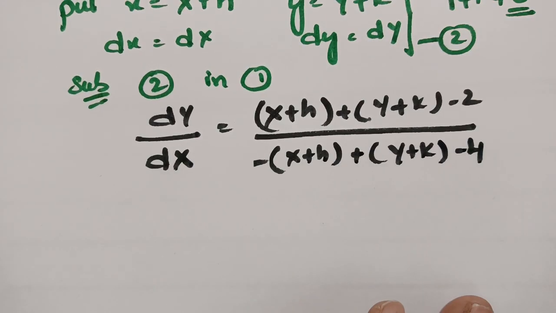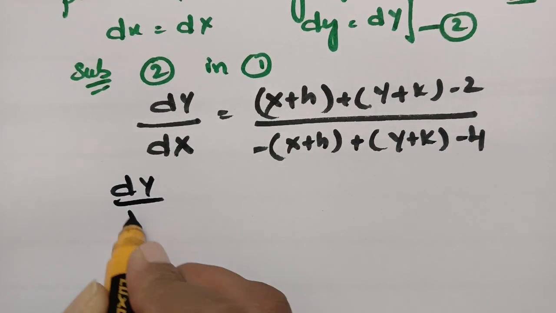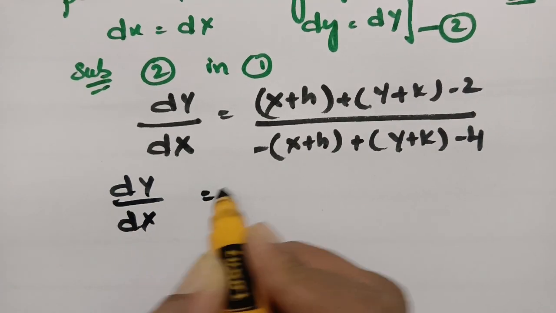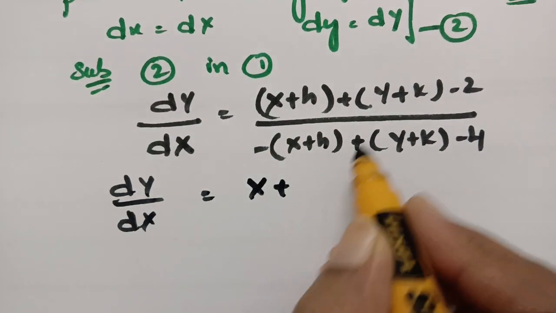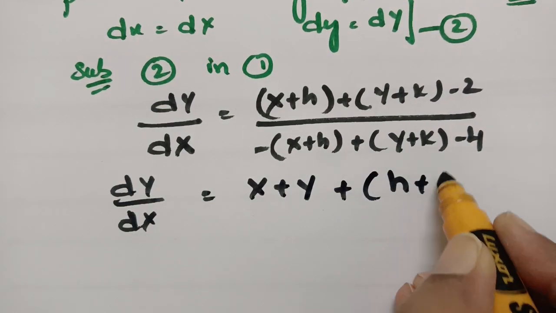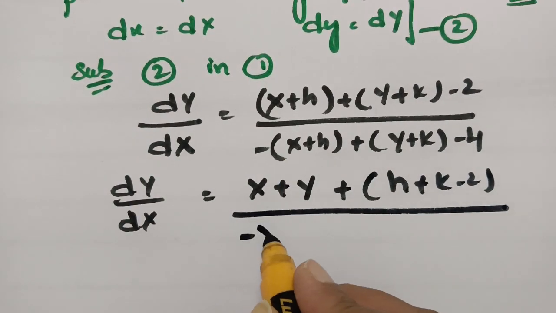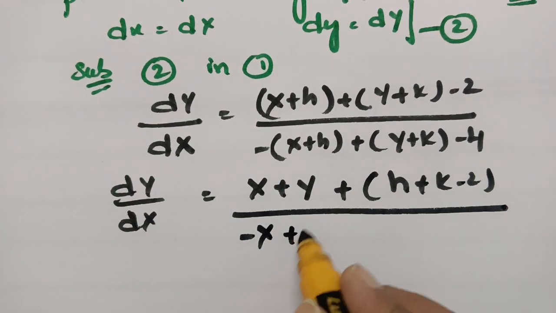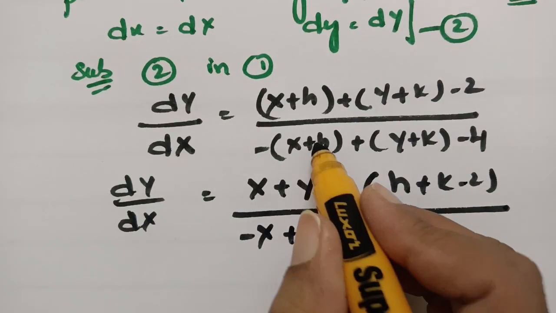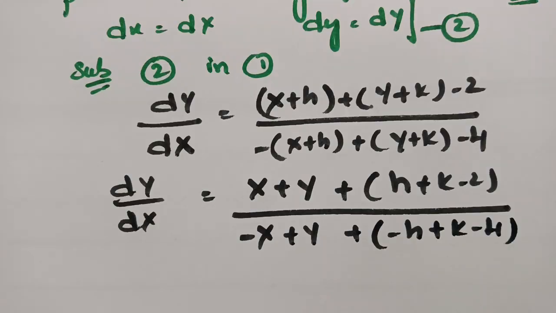Now let's get started to solve this. Here dy/dx can be written as: this value is capital X and this value is capital Y, and this can be written as h plus k minus 2, divided by minus X plus Y, and this is minus h plus k minus 4.